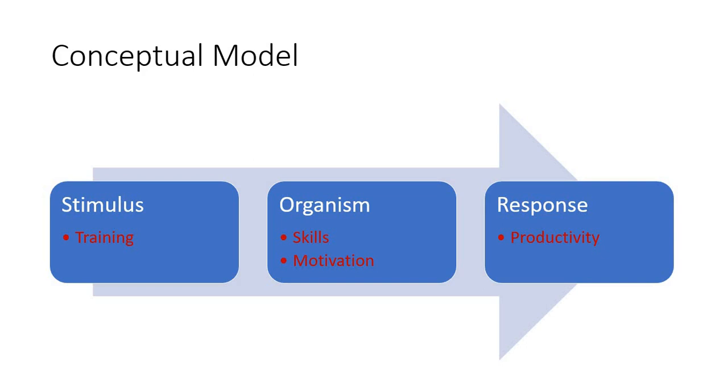And then we also saw that we can have another classification for these variables, that is endogenous and exogenous. Endogenous variables are those which are influenced by other variables within our model, and exogenous variables are those which are not influenced by other variables within our model.